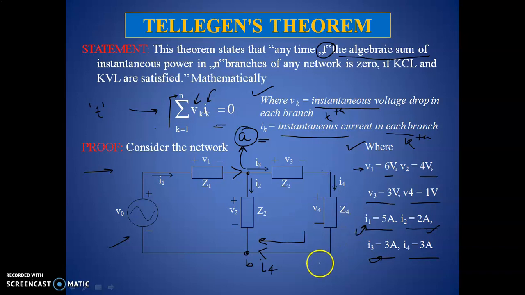So the value of I3 and the value of I4 is the same. I3 is flowing in series in this, so the value of I3 must be equal to the value of I4.